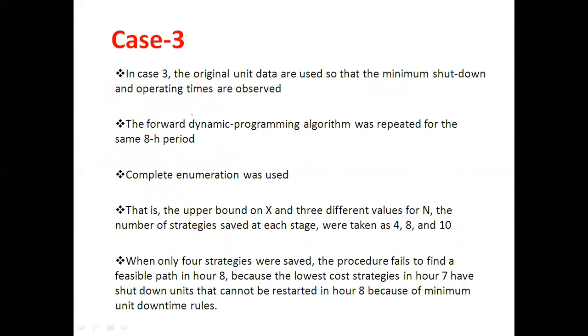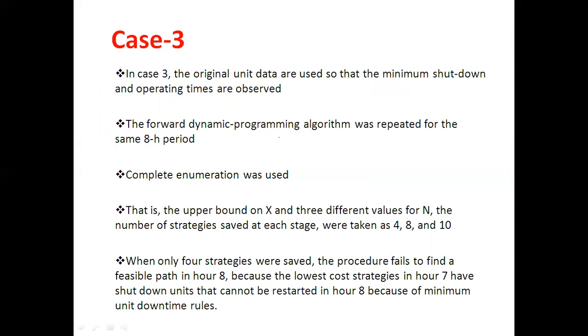So now we are moving to case 3. In case 3, the original unit data are used so that the minimum shutdown and up times are observed. So here we are including a constraint of minimum up and down time.